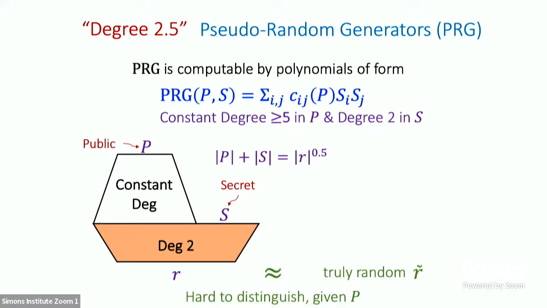This is what we mean by a degree 2.5 PRG, that it sits in between a degree 2 PRG and a degree 3 PRG. It's not too hard to imagine that this kind of structure we can still securely compute using a bilinear map, because after all, the computation that depends on secret information, the secret seed here, is really degree 2.